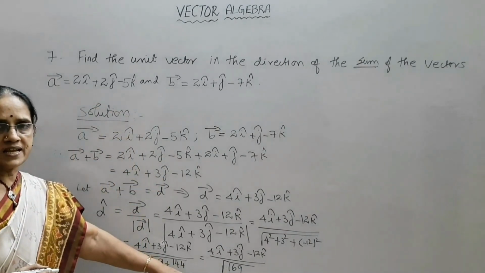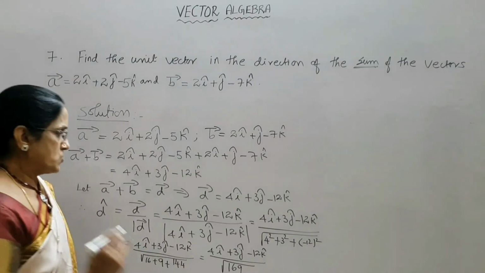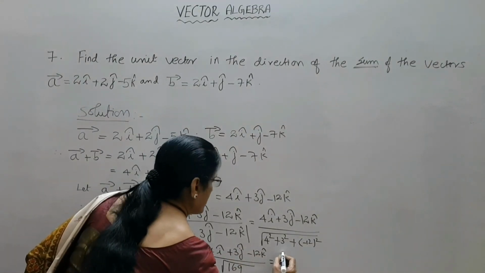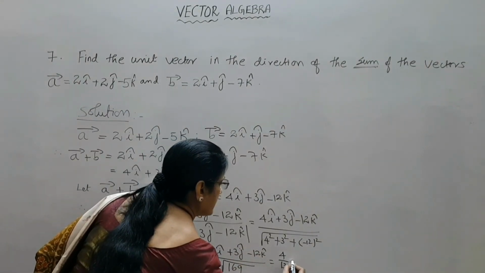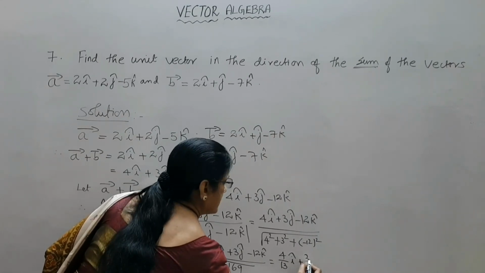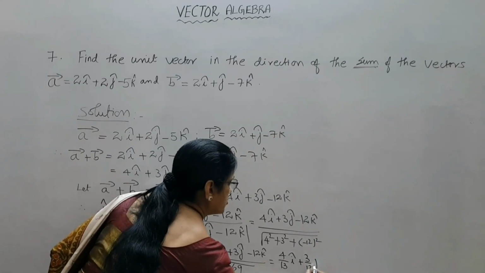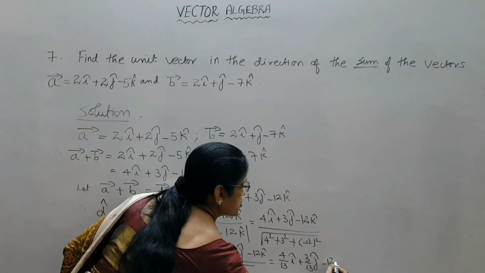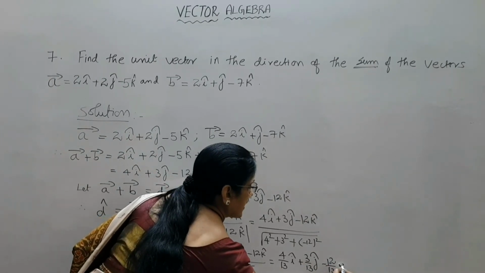Square root of 169 is going to be 13. So, this is 4 by 13 i cap plus 3 by 13 j cap minus 12 by 13 k cap.